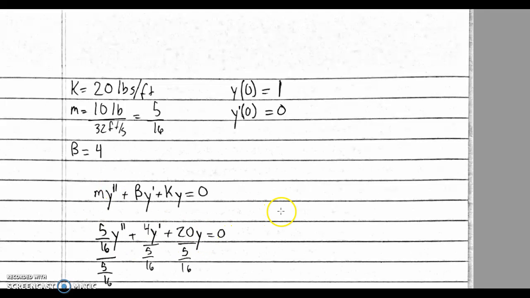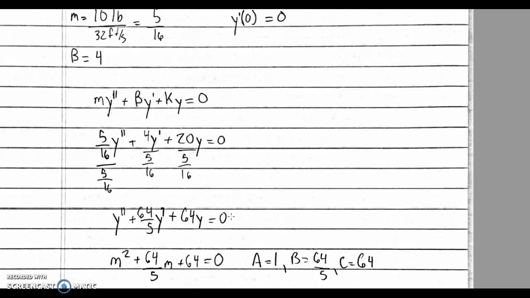So we have 5/16 y double prime plus 4y prime plus 20y is equal to 0. We can then divide everything by 5/16 so we can get a 1 as our coefficient in front of our y double prime. Doing that, we simplify the equation to be y double prime plus 64/5 y prime plus 64y is equal to 0.